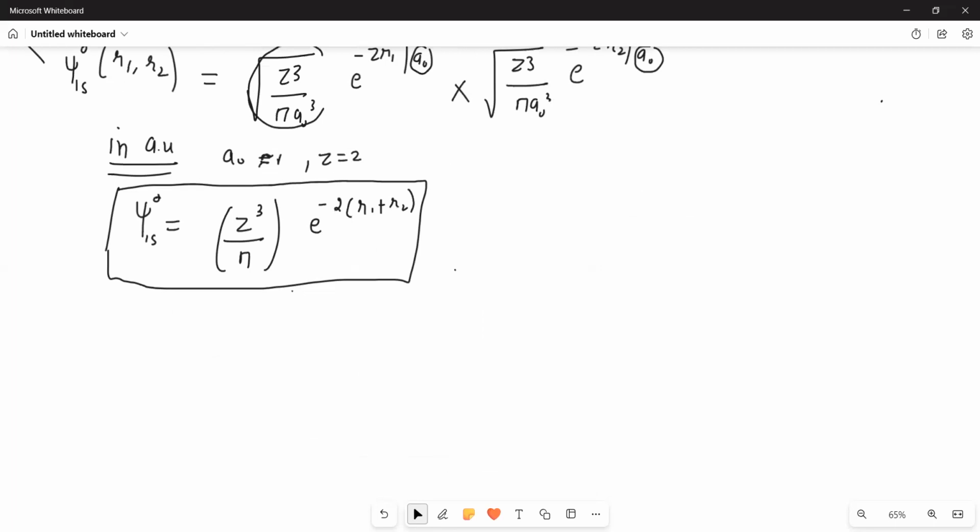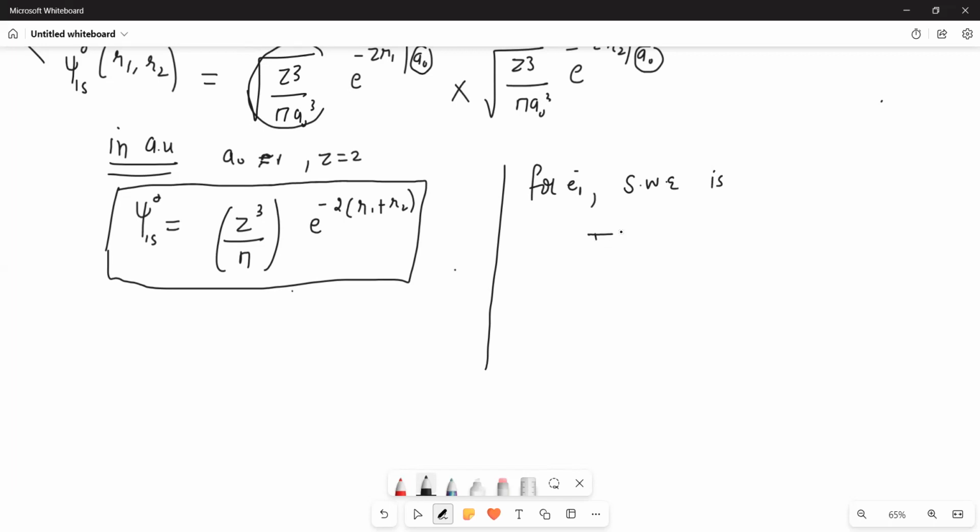So as we have assumed the helium atom is equivalent to two hydrogen-like systems, we will have two equations. For electron 1, the Schrodinger wave equation is, how to write?